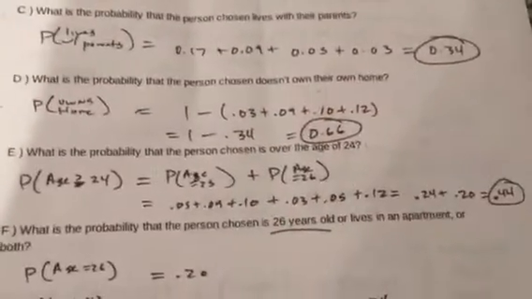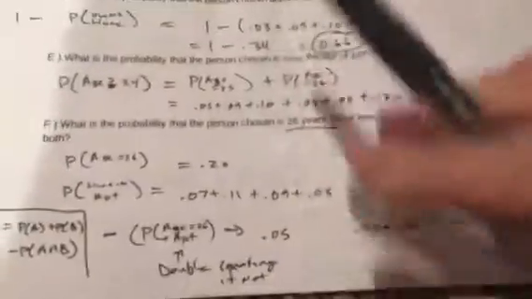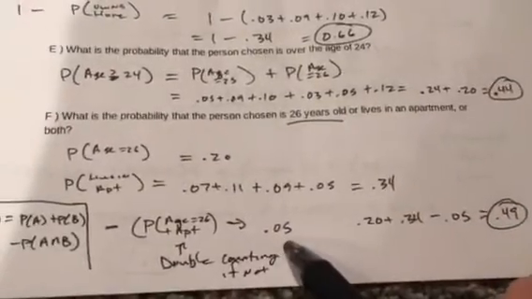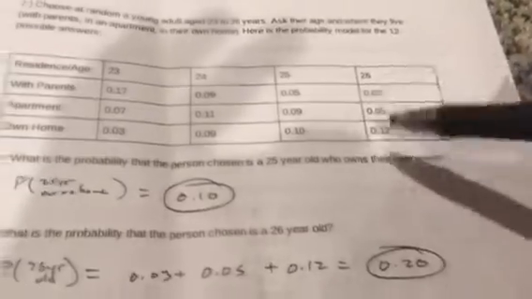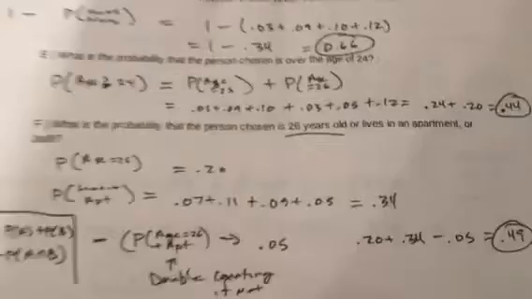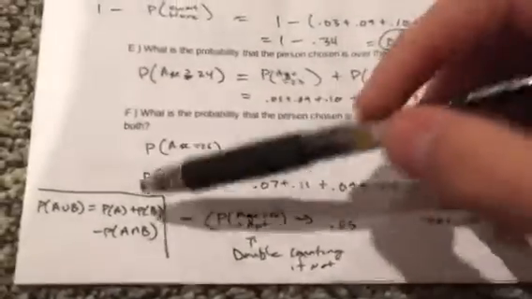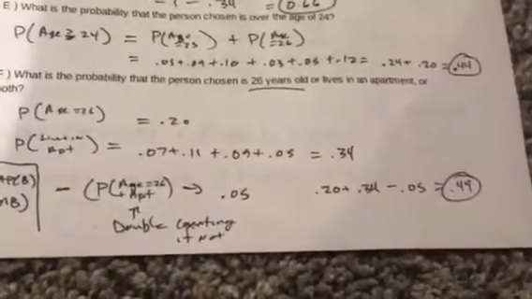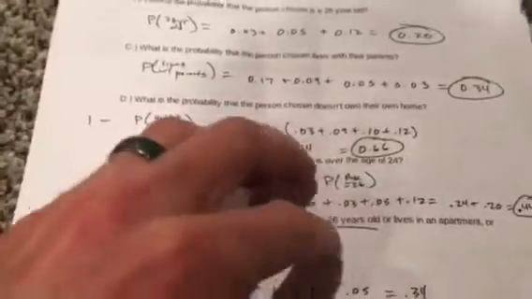So that's why I need to subtract that 0.05. So I add up this column and I add up that row, but I subtract that 0.05 that I counted twice. All right, that's a big idea we'll continue to talk about the rest of this year. 0.49 is the answer.